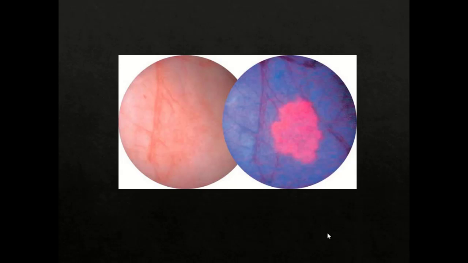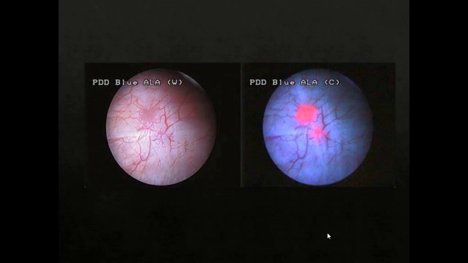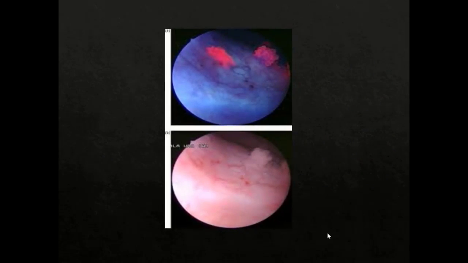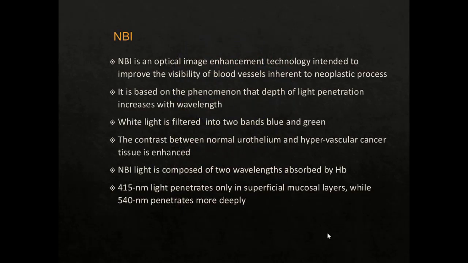And so again, this image, and you can compare both of them, and in this ALA contrast is used. So again, there is a papillary growth, but you can easily miss that lesion in white light cystoscopy.